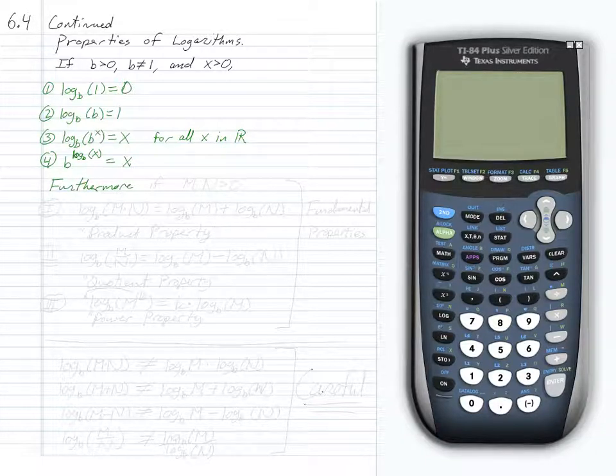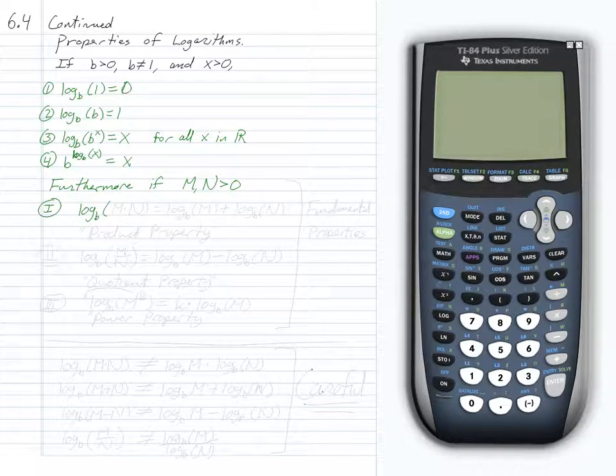So if we consider 2 more variables, m and n, that are both restricted to being positive, non-zero, then the following must hold.